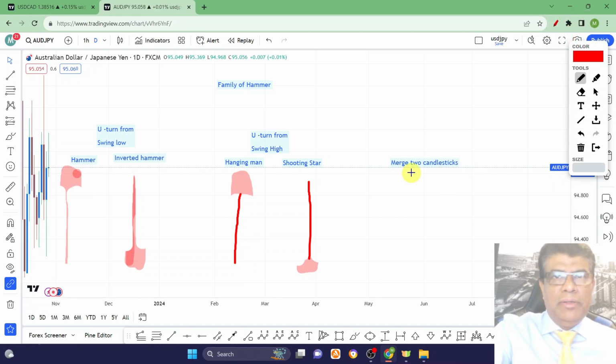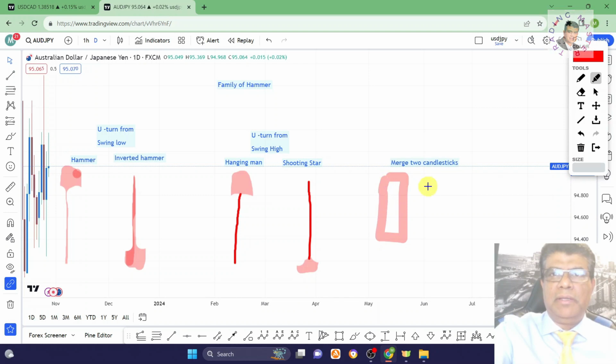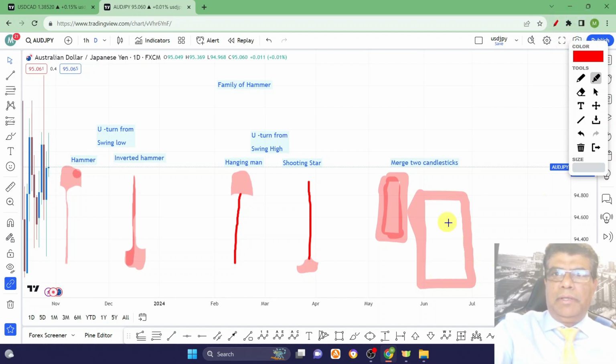And you can merge two candlesticks together. So basically, let's say you have one candle like this, and then you have another candle like this.